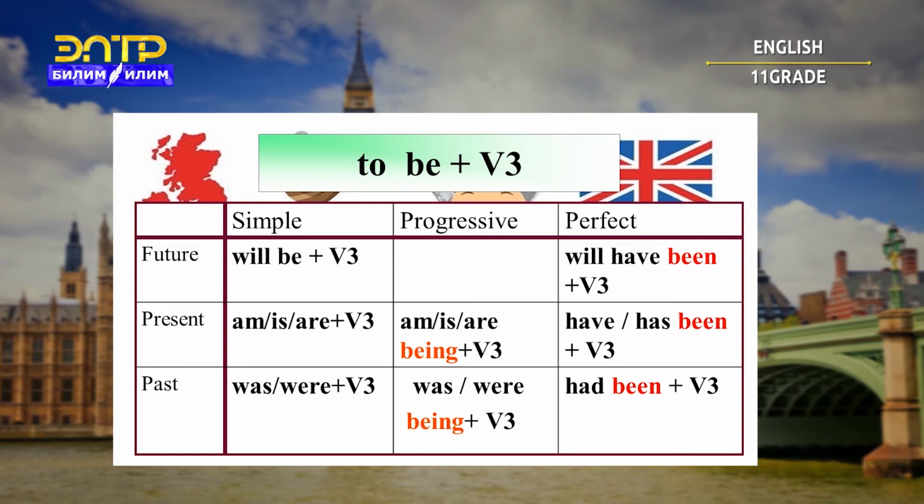Progressive: am, is, are, being plus verb in third form. In the perfect, have or has been plus verb in third form. Past, we use in simple was, were plus verb in third form. In progressive, was, were, being plus verb in third form. And in perfect, had been plus verb in third form.